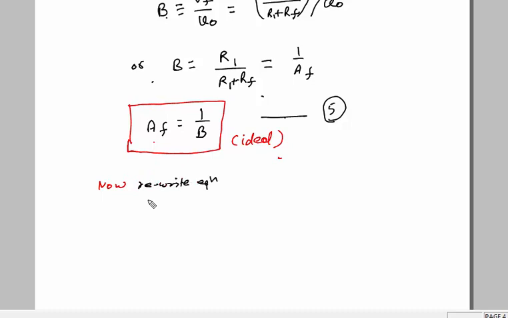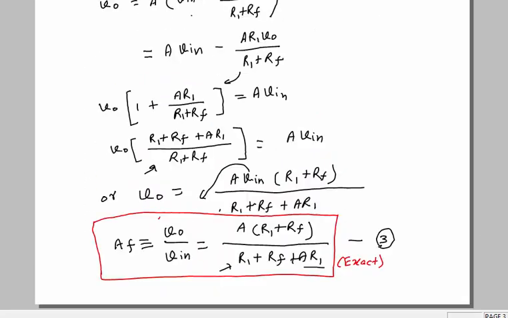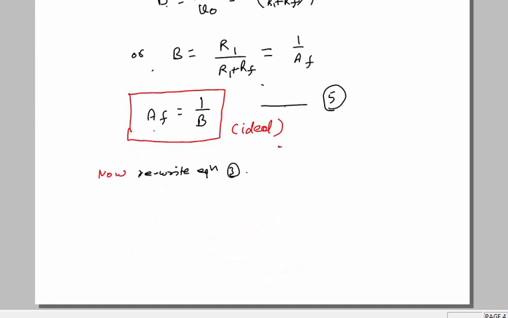So we can write AF equals A times (R1 plus RF) divided by (R1 plus RF plus AR1). Okay, so I have written the equation number 3 here again.